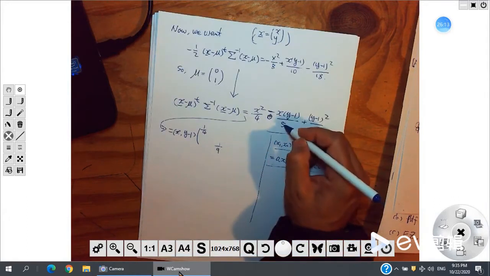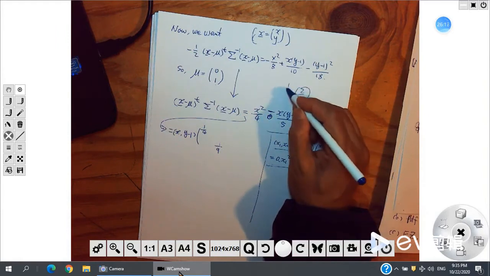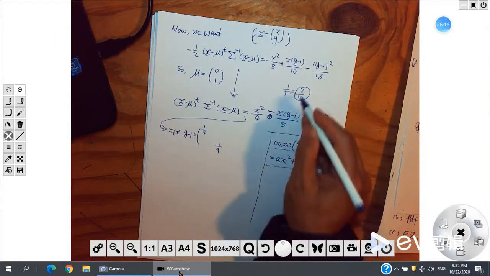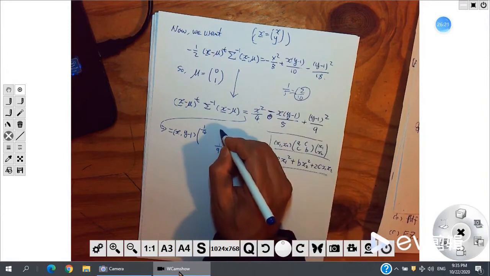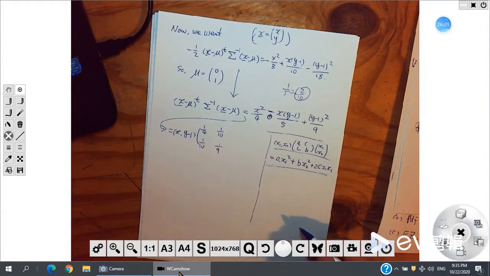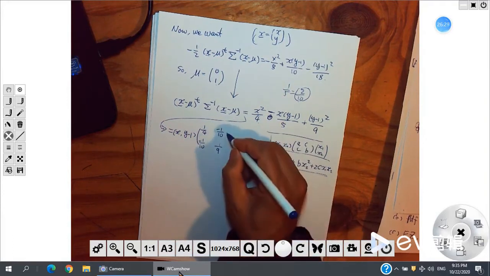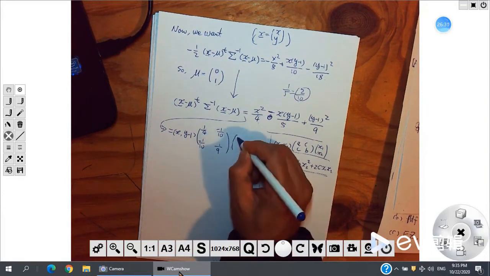I see this is 1/5, which is 10/2, and I use half of it, so it's 1/10 in each off-diagonal entry, and times (x, y minus 1).